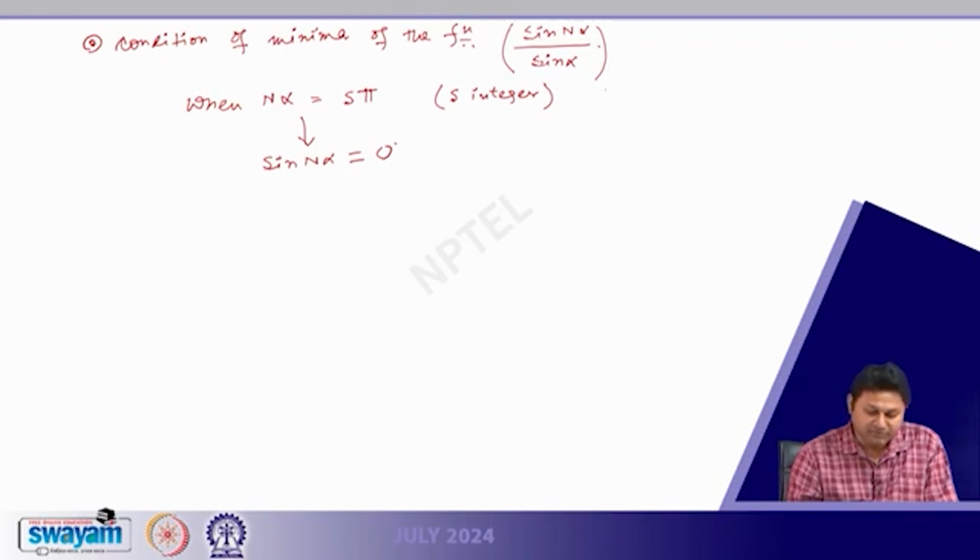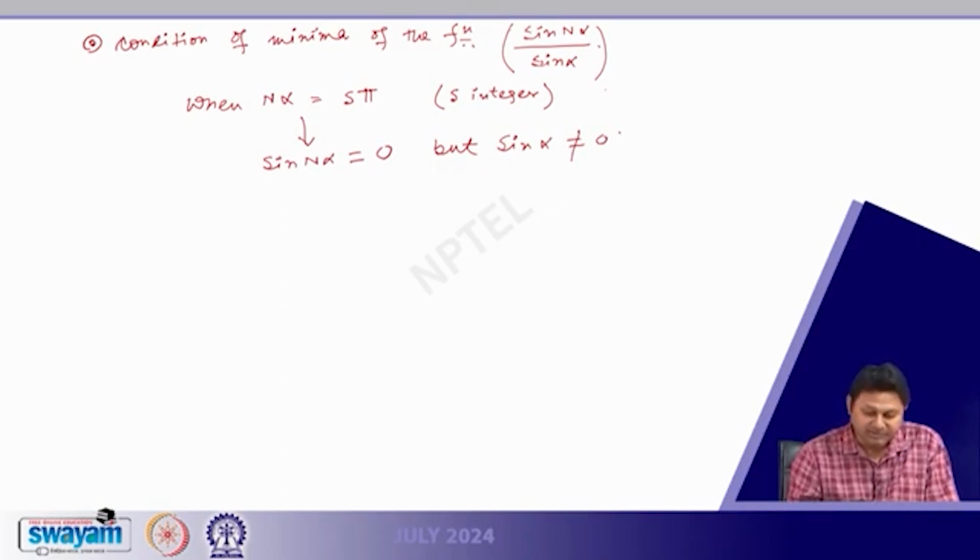So, the condition of the minima is that sin n alpha will be 0, but for that particular alpha, sin alpha should not be 0. That condition should be there.